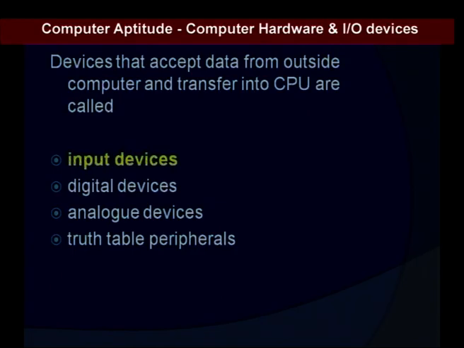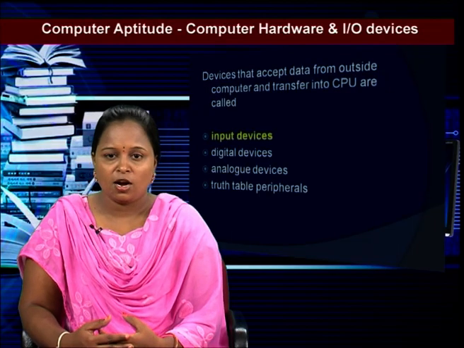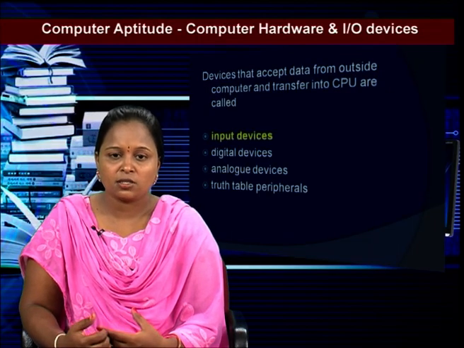Next, the device that accepts data from outside the computer and transfers it into the CPU is called an input device. Data from outside means outside using pen drives and hard disks. So, that is outside the computer, and transfer means copying the data, downloading from the net, and using pen drives and hard disks also.